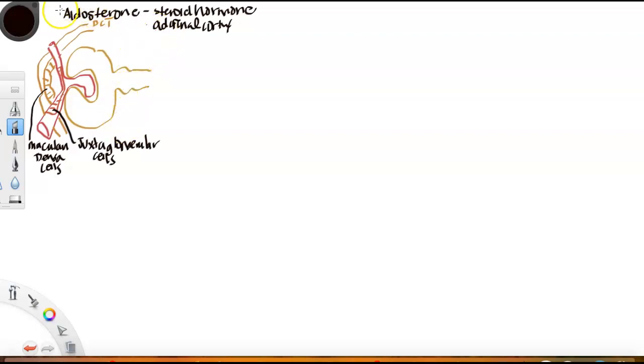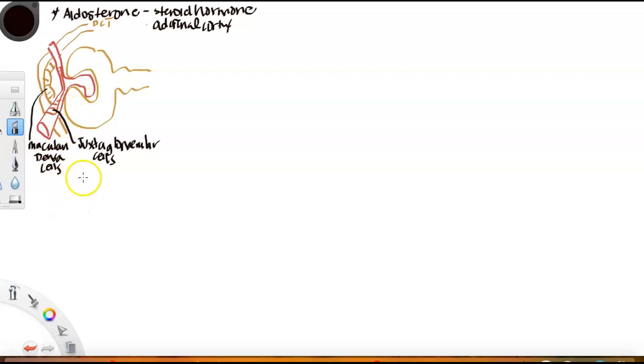So as a review, we talked about the renin-angiotensin mechanism when we talked about glomerular filtration rate. And that had to do with something that we call the juxtaglomerular apparatus. So that was the macula densa cells of the distal convoluted tubule with the juxtaglomerular cells of the vessels.